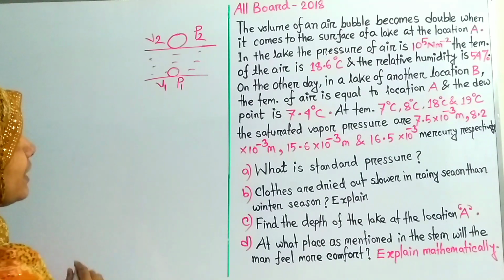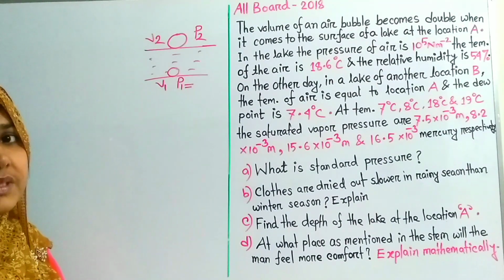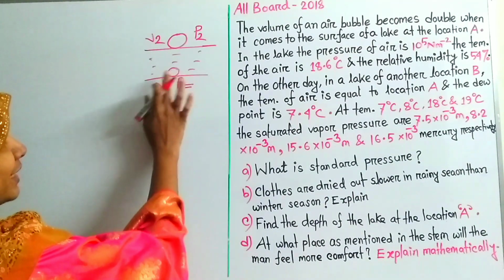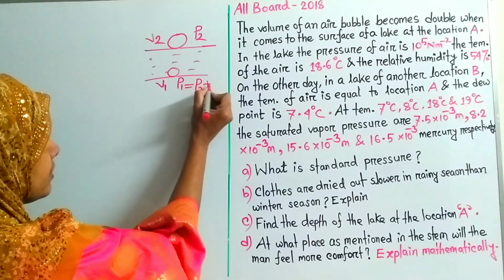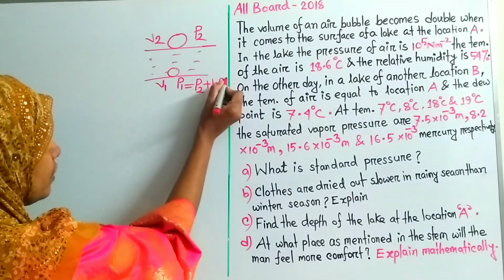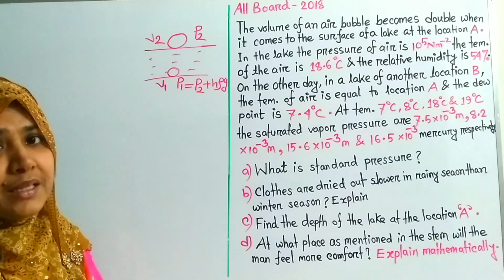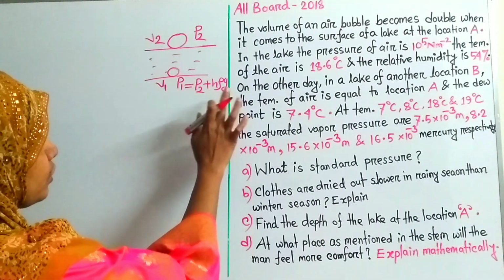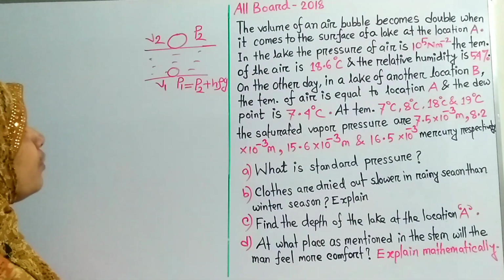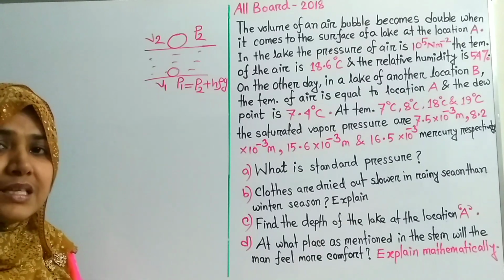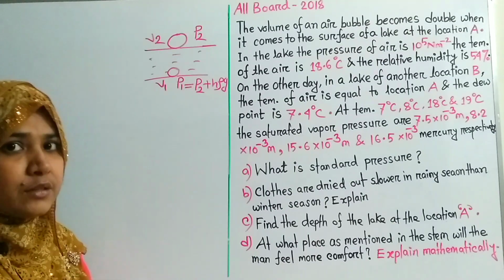So at the bottom of the lake, the pressure exerted on that bubble is P2 plus h rho g. P2 means the pressure exerted by the air and h rho g is the pressure due to liquid. With the help of this information, we can easily identify the depth of the lake. So let's start to calculate.